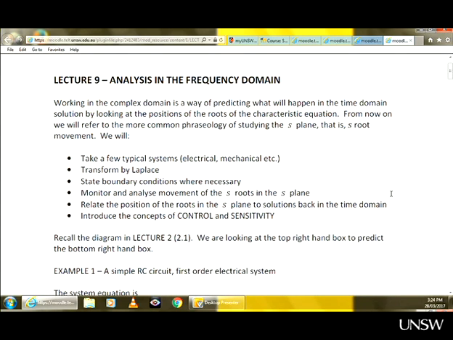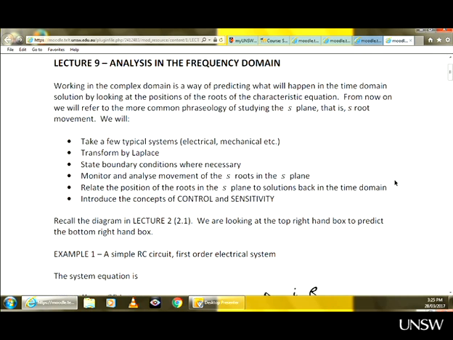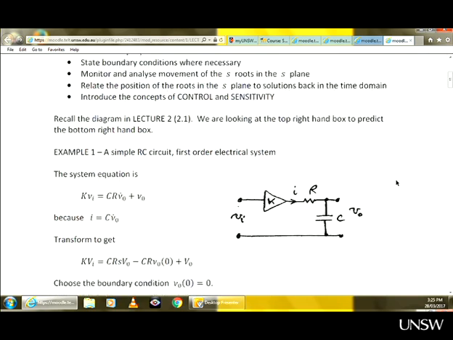Okay, then the last lecture for this week, we won't finish this today, obviously, is analysis in the S domain. I know I said frequency domain, but I actually prefer complex domain. But maybe actually you should get used to different terminology for the same thing.